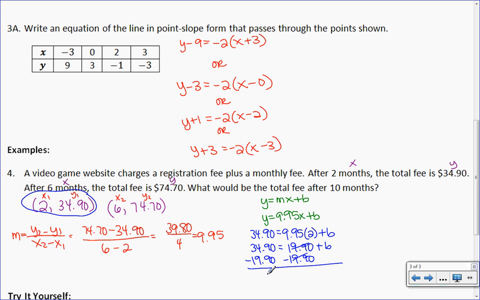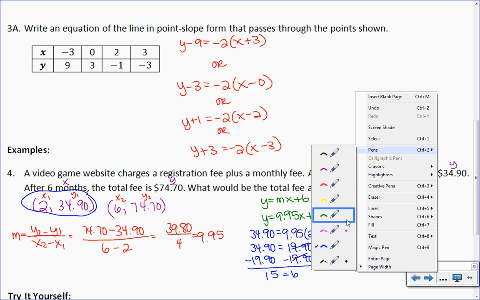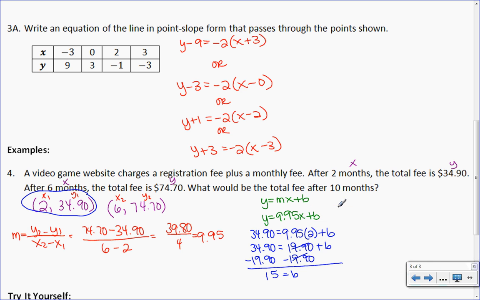And 34.90 minus 19.90 is 15. And remember, with this, once we have the value for b, we still need to substitute it back into this part of the equation. So the equation is y equals 9.95x plus 15.